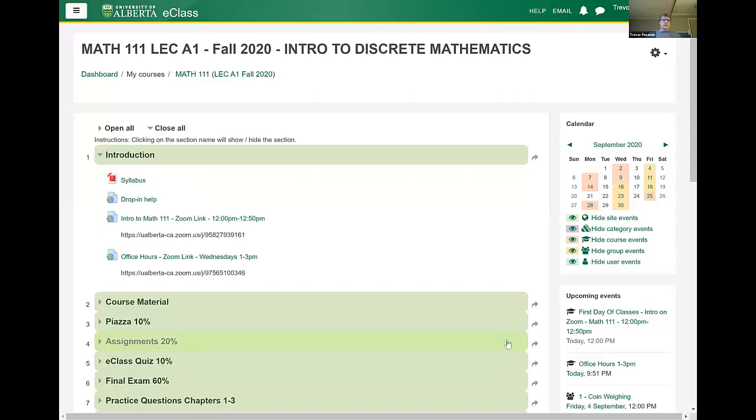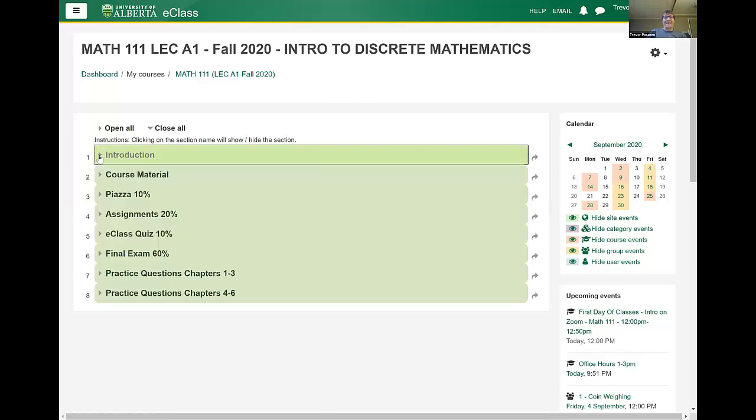Okay, so we should all be able to get onto eClass, at least eventually. So hopefully you can see a page that looks something like this for Math 111. Just so you know, this course is, in a sense, brand new because we didn't used to have 111, but it's very much based upon Math 222. We just wanted to make the course more available.